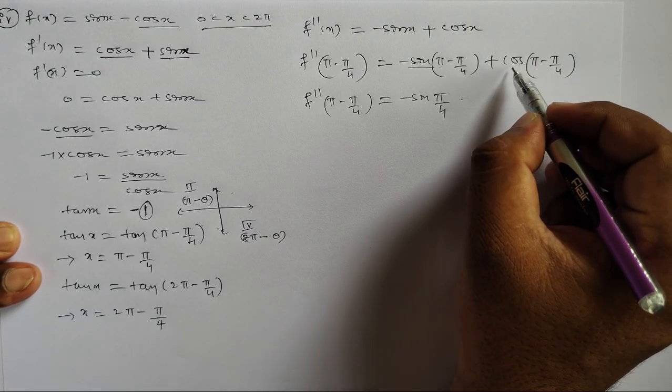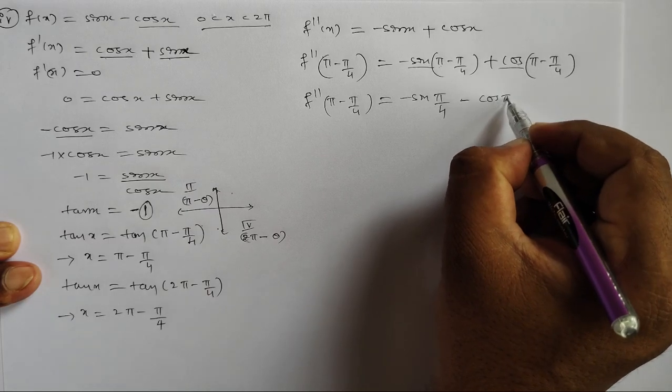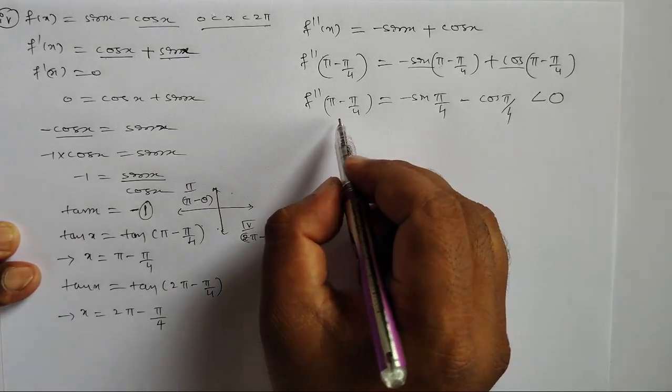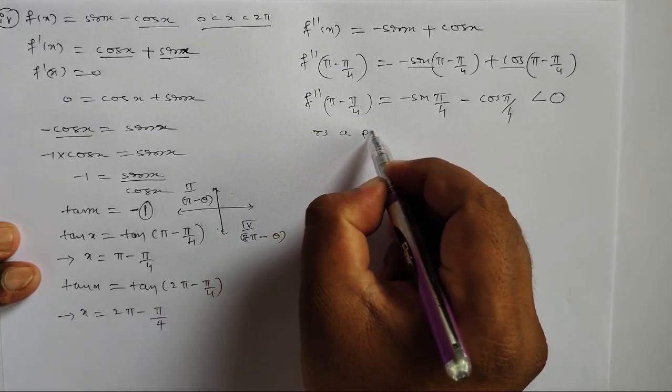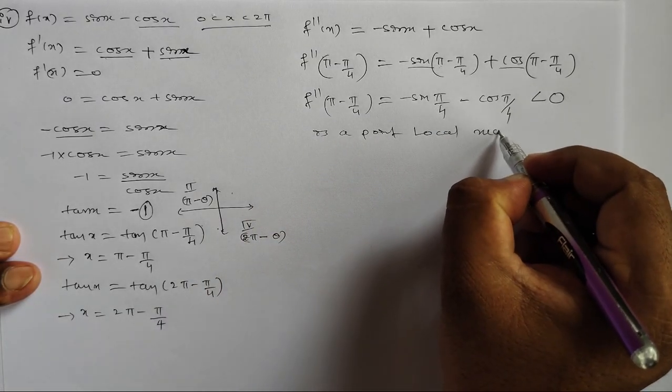Cos is negative in the second quadrant, so cos(pi minus pi by 4) becomes minus cos pi by 4. So this value is less than 0. Less than 0 means what? It is a point of local maximum.